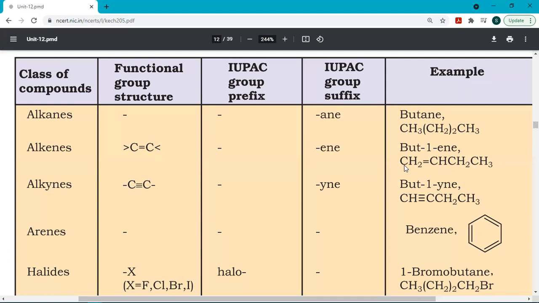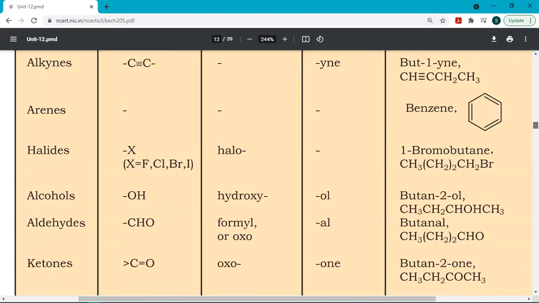From which side we have the nearest position, we can assign nearest position to this double bond. So 1 2 3 4, but-1-ene. Alkyne, triple bonds between carbons. Yne is the suffix, and you can write it like, for example, this but-1-yne. This thing we have already done.